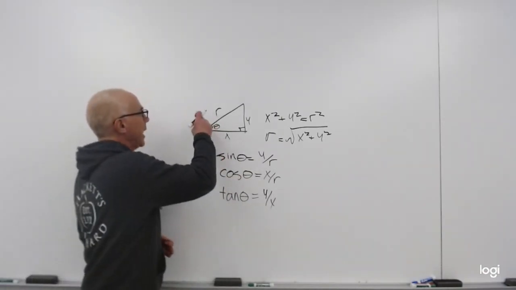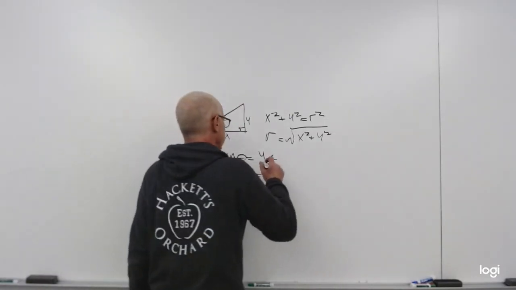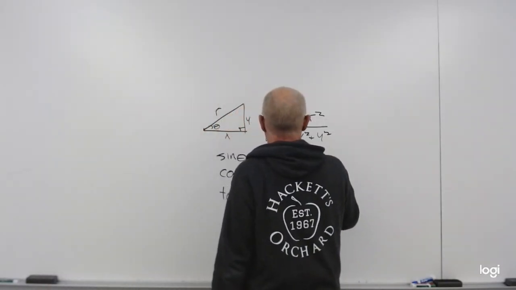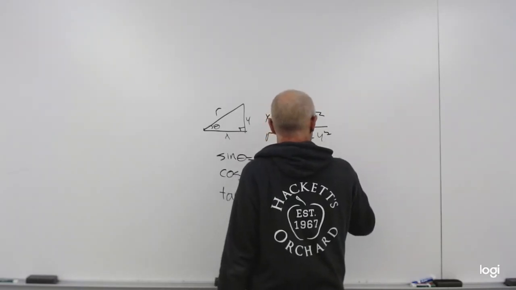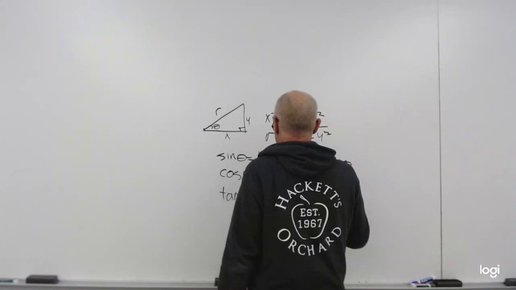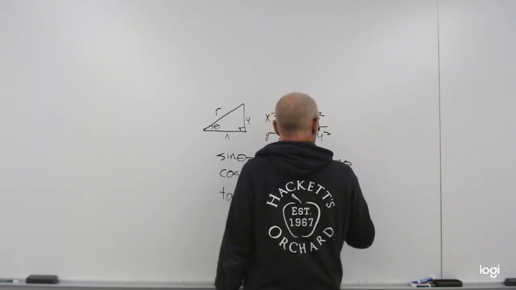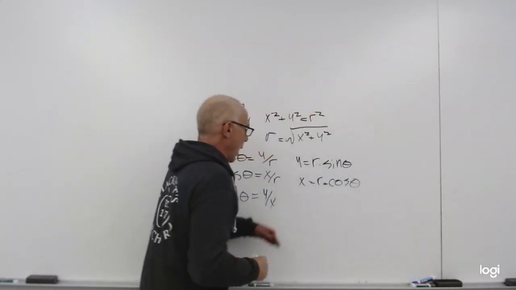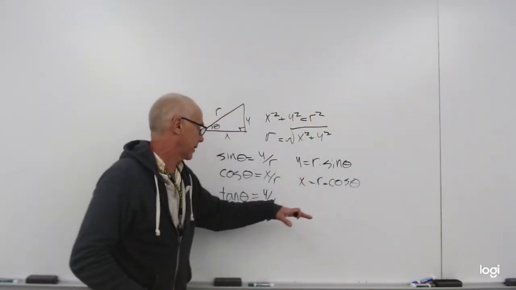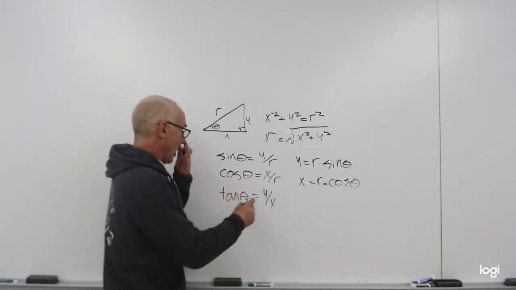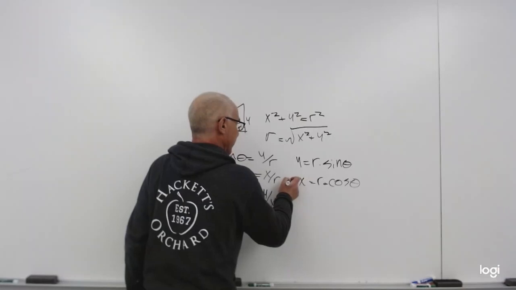And so we can always rearrange these. If we knew the hypotenuse and wanted to find the other dimensions, we could write that y equals r times sine theta, and x would be equal to r times cos theta, basically derived directly from these defining principles.